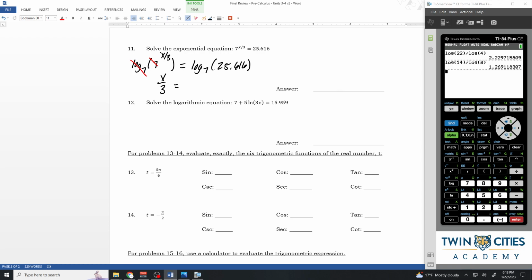But if I'm solving for x, then I can't do this part in my calculator. I'm going to have to do a change of base formula just like I did for the last two problems. So I'm going to change this and say that this is the same as log base 10 of 25.616 over log base 10 of my old base, 7.